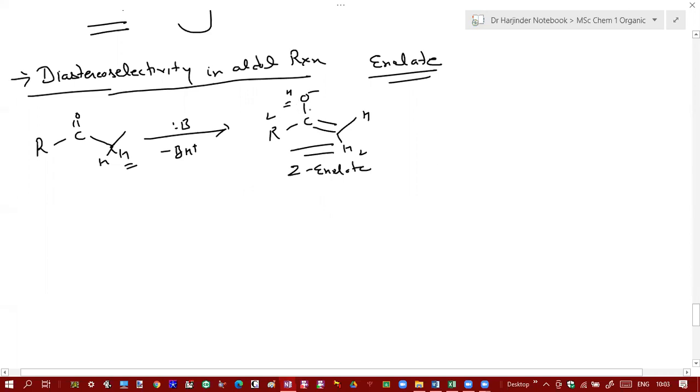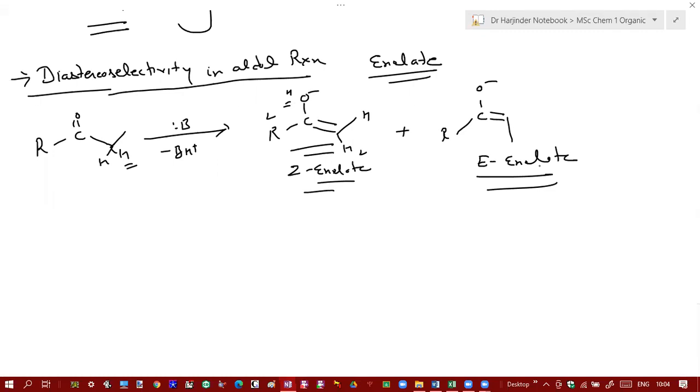So the same priority groups are on the same side, so this is your Z enolate. Another possible enolate is the E enolate, which will be like this. So you will get a mixture of enolates when we talk about stereoselectivity of enolate preparation: Z enolate or E enolate.